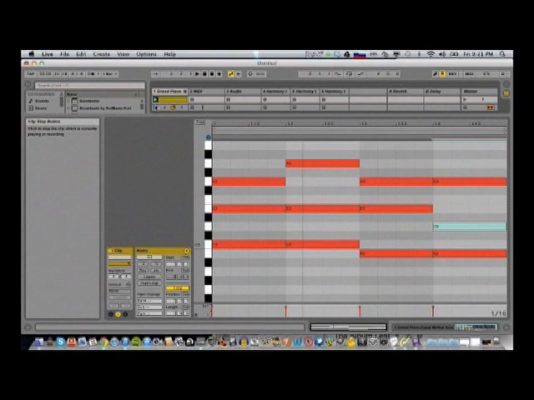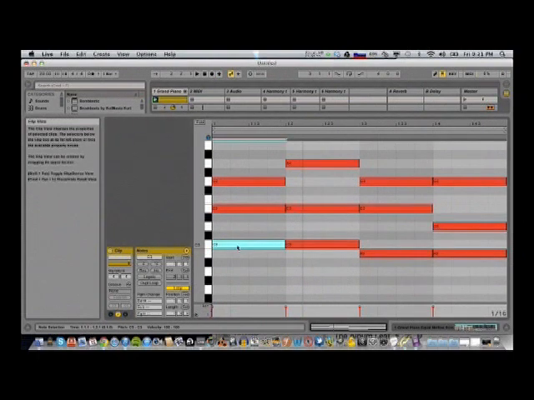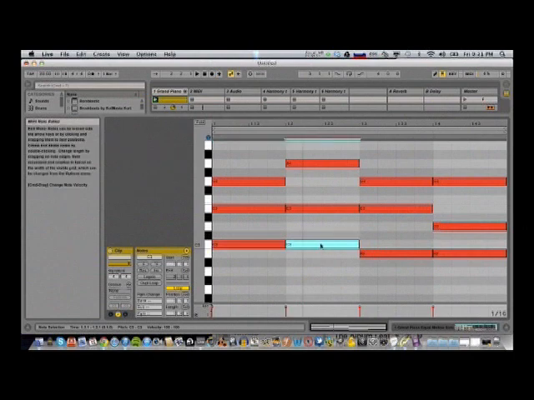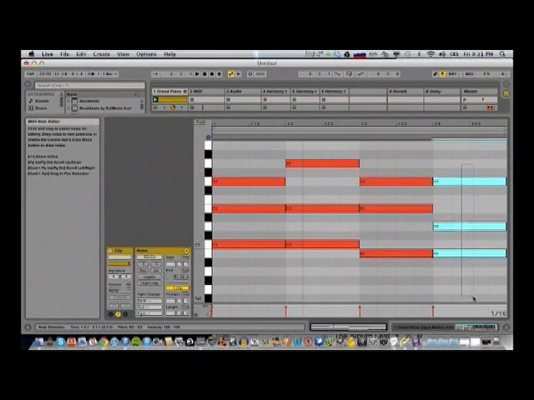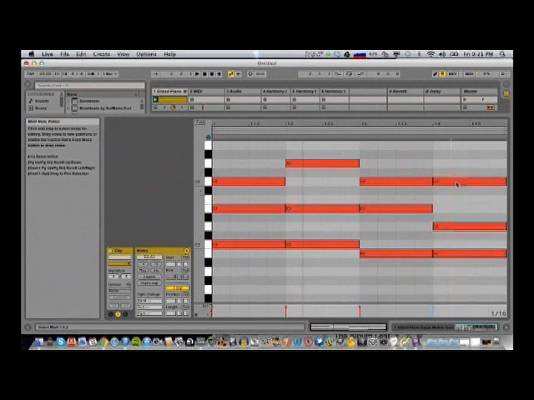So in this case, I'm in root position still with this chord because the root is in the bottom. In this case, the root is all the way up here. So that's an inversion. In this one, the root is, what did I say this chord was? 3 chord. So the root is here. And in this one, the root is on the top.